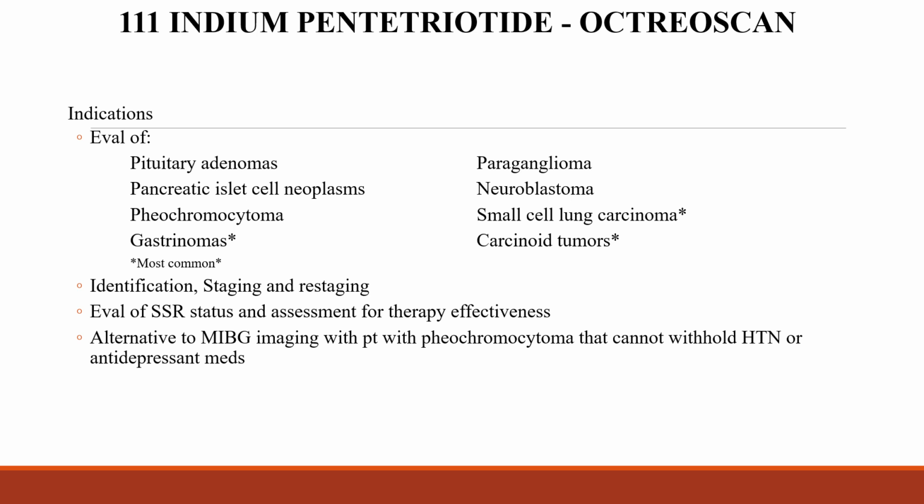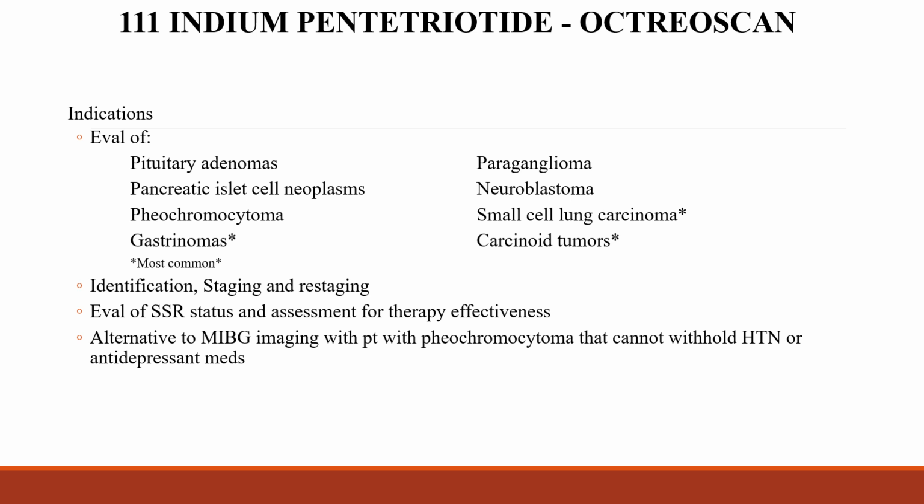So the Octreoscan is used for identification, staging, and restaging of any neuroendocrine tumors, evaluation of the somatostatin receptor status, and assessment for therapy effectiveness. And then it's an alternative to MIBG in patients with pheochromocytoma that cannot withhold the high blood pressure or the antidepressant medications.